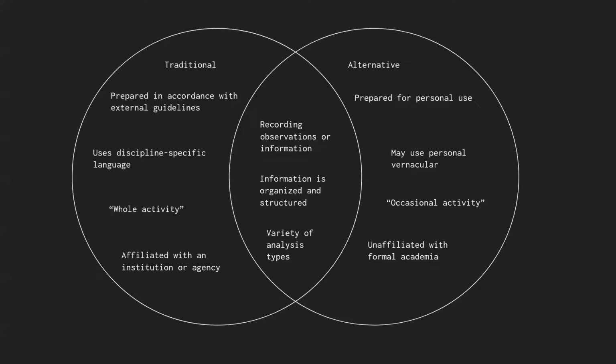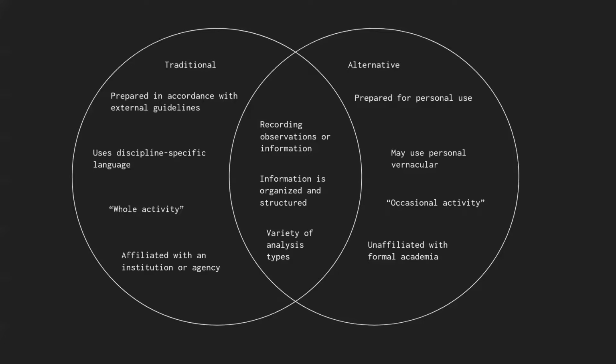I want to note here that where these two types of data practices really differ, it's not really substance, but it is context. So while traditional data practices involve speaking within disciplinary norms, so do alternative methods. It's just that the discipline or the crowd, that's really what differs.